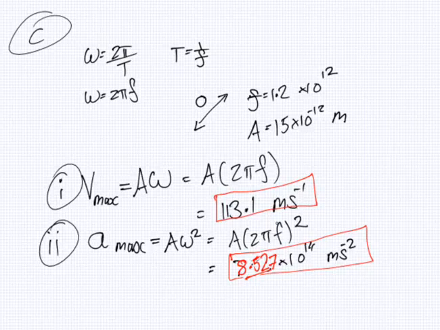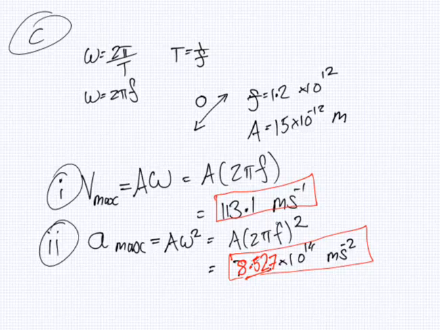Maximum speed and acceleration. That's actually not so bad. You know what atoms are because you all do chemistry. So they give you the frequency and they give you the amplitude.